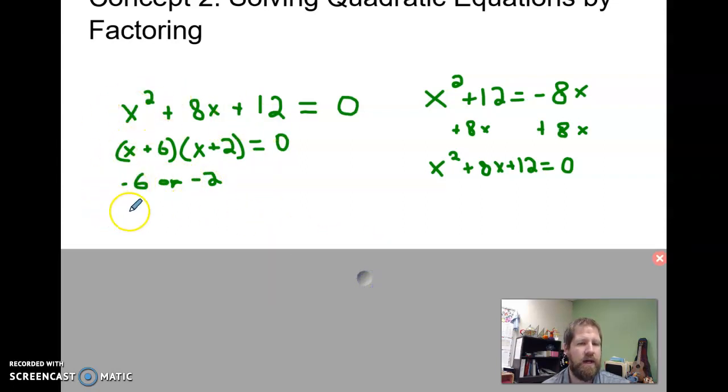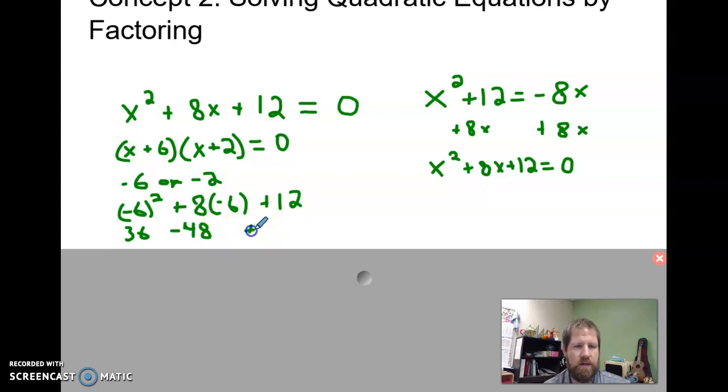And I can plug those back in to make sure that works. So if I put negative 6 squared plus 8 times negative 6 plus 12, negative 6 times negative 6 would be 36. 8 times negative 6 is going to be negative 48.